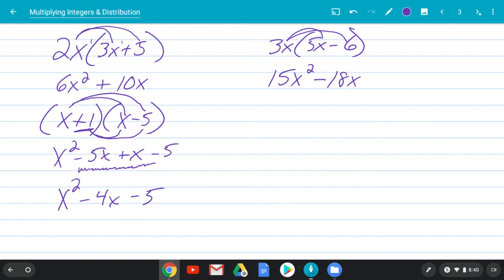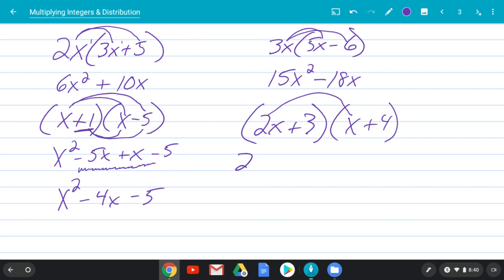Let's do one more. 2x plus 3 times x, I don't know, plus 4. 2x times x is 2x squared. X times 4 is 8x. 3 times x is 3x. 3 times 4 is 12.